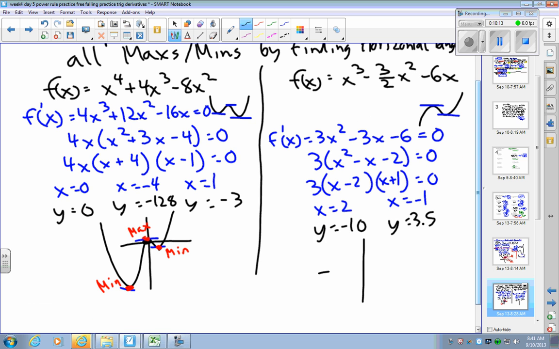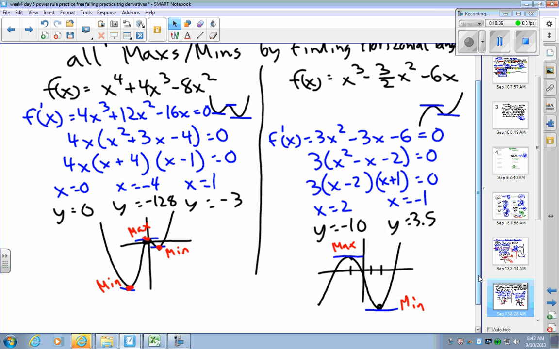So a quick sketch would be at 2, it's way down here, and at negative 1, it's up a little bit, so it looks something like that, where I have one horizontal tangent, another horizontal tangent. This is a little max, and this is a little min. Horizontal tangents are so important because they help you find turnaround points to graphs where you have maxes and mins.